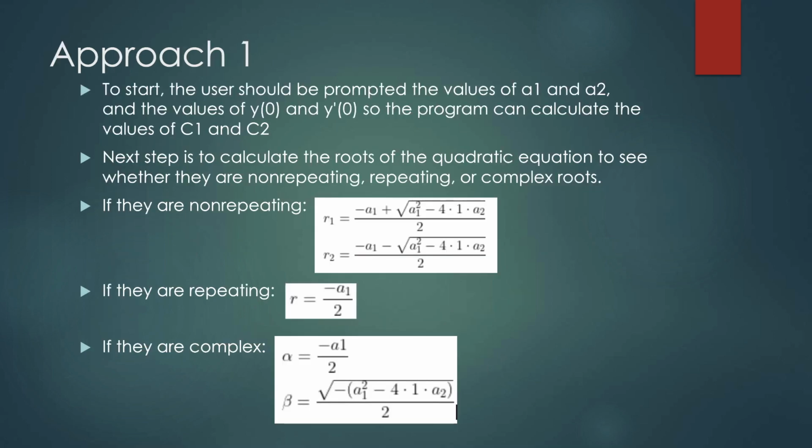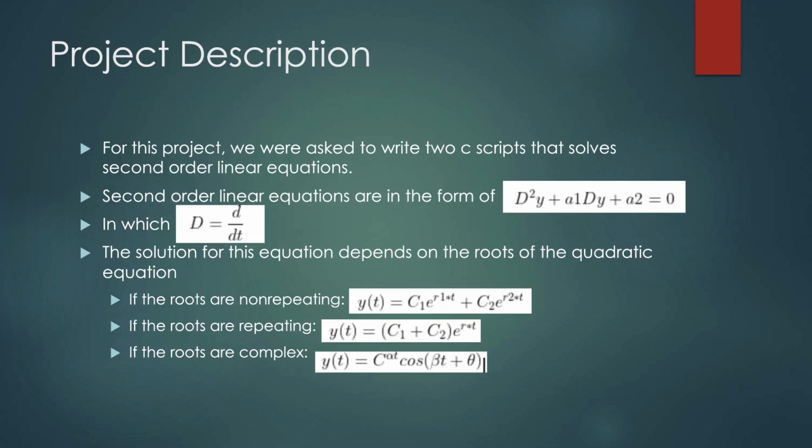So for my first script, I started the script prompting the values of A1, A2, and the initial conditions for the equations, so I can use them to calculate the values of C1 and C2, which are these values right here.